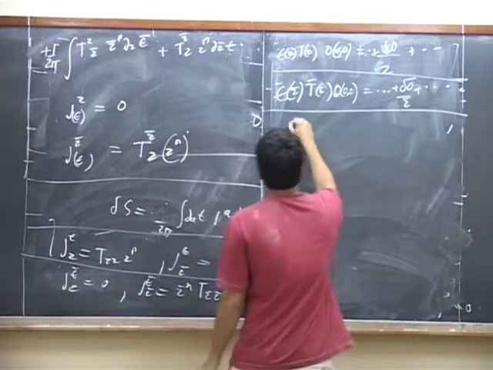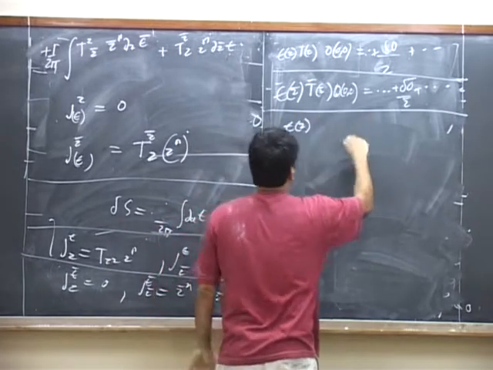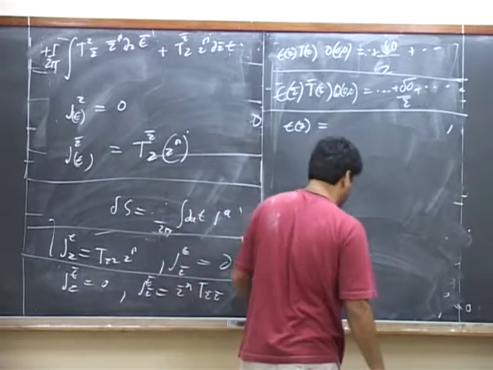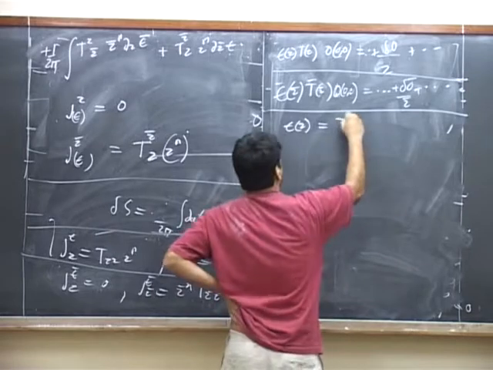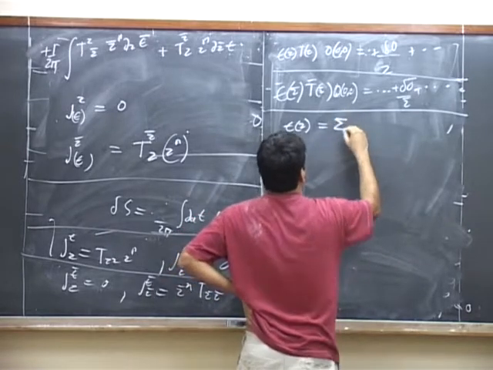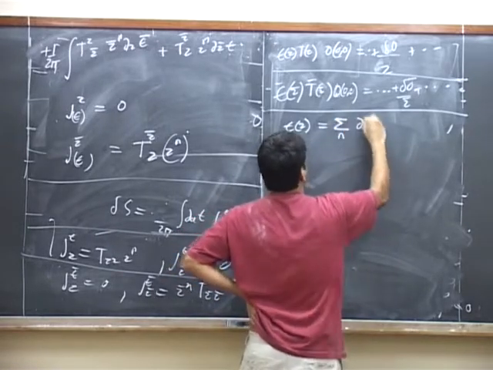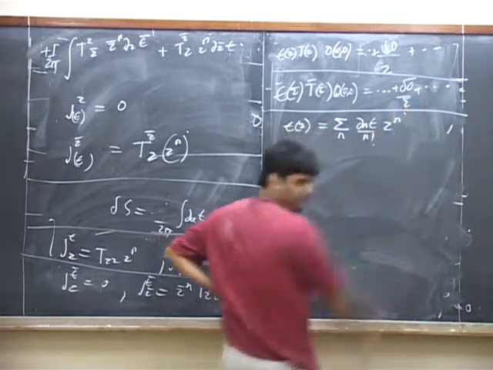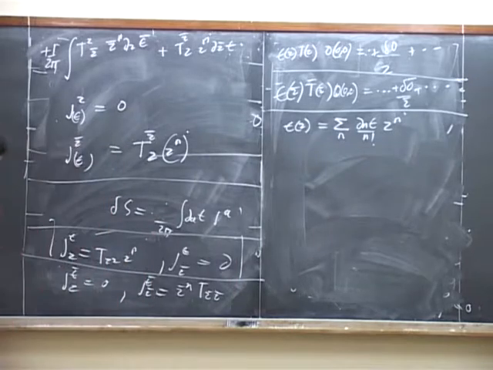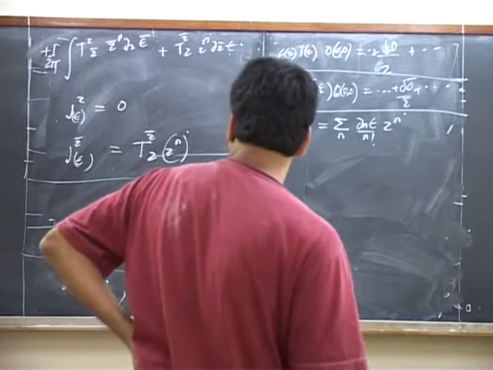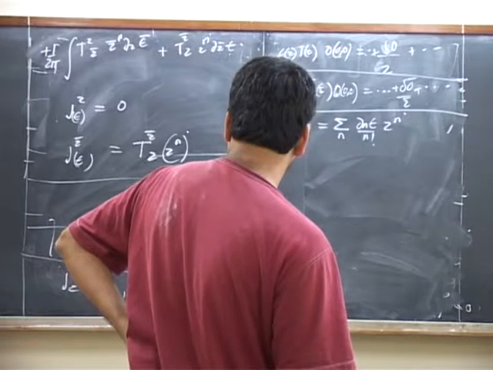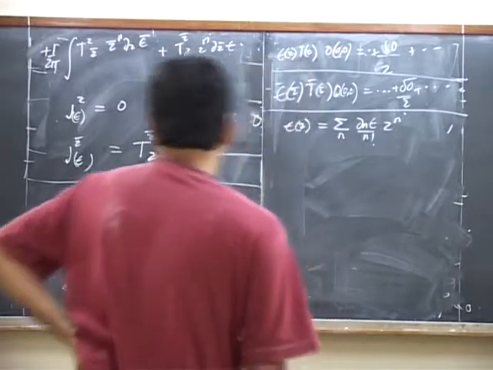So let's suppose that epsilon of z, well, epsilon of z is anything, it has some Taylor series expansion. So it's the sum over n of del n of epsilon by n factorial times z to the power n. There's no choice.